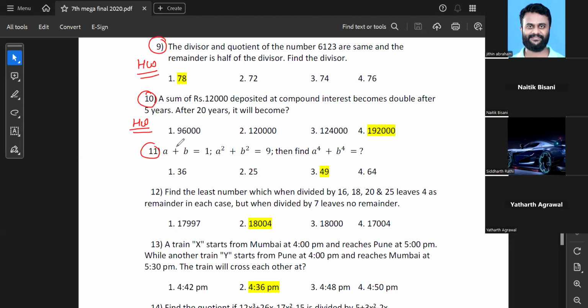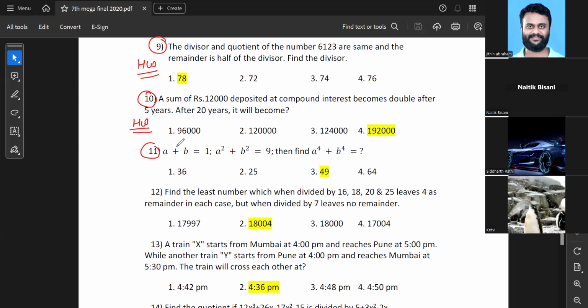Sir, I think we'll have to do it like this: a square plus b square the whole square, so we will get a raised to 4 plus b raised to 4 plus 2ab, right? Sir, no, I think my method is wrong because then we'll have to find the value of a. Sir, I have got the answer in my second attempt. Shall I say how I did it?